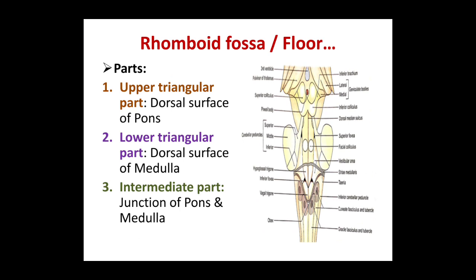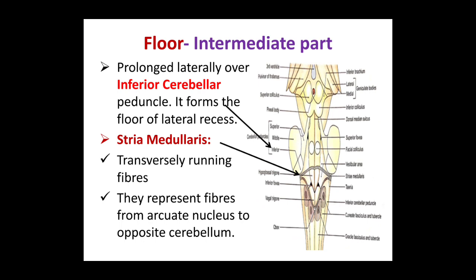It is basically divided into an upper triangular part, which is related to the dorsal surface of the pons, a lower triangular part, which is related to the dorsal surface of the medulla, and an intermediate part, which forms the junction between the pons and the medulla. The intermediate part is prolonged laterally over the inferior cerebellar peduncles to form the floor of the lateral recess.